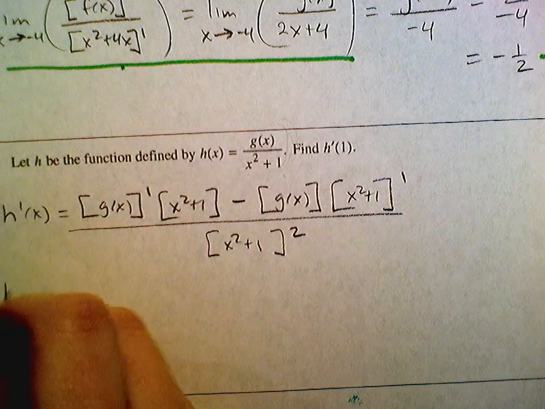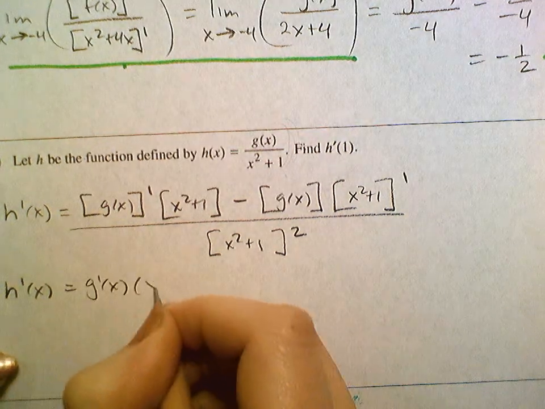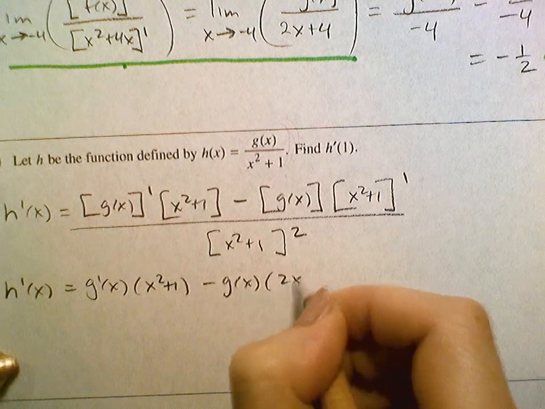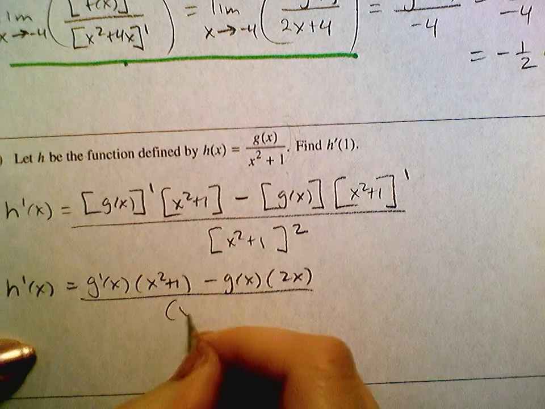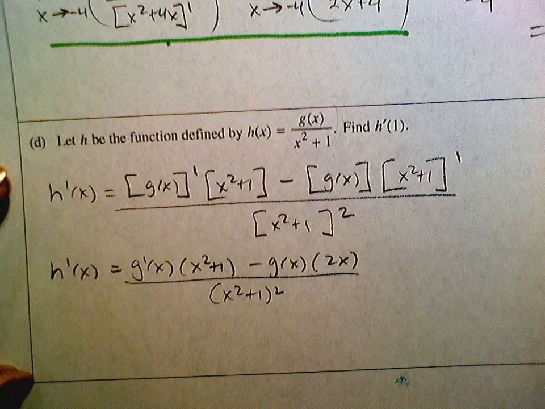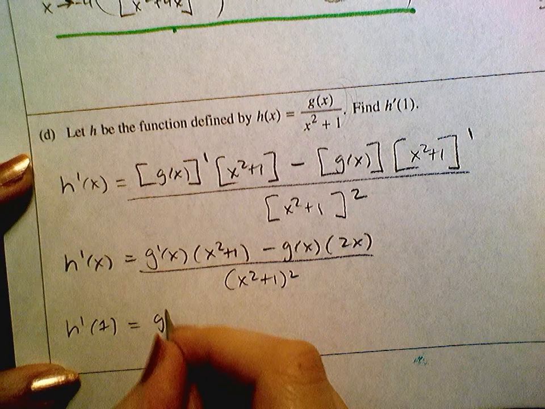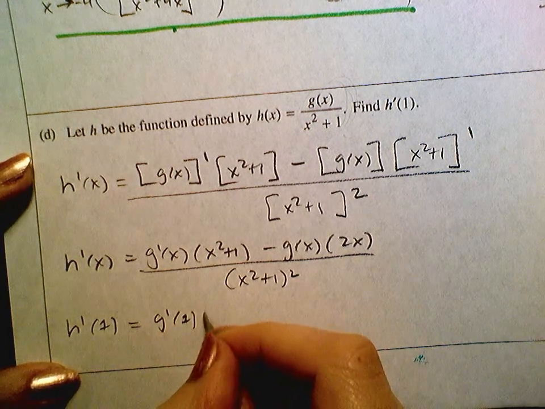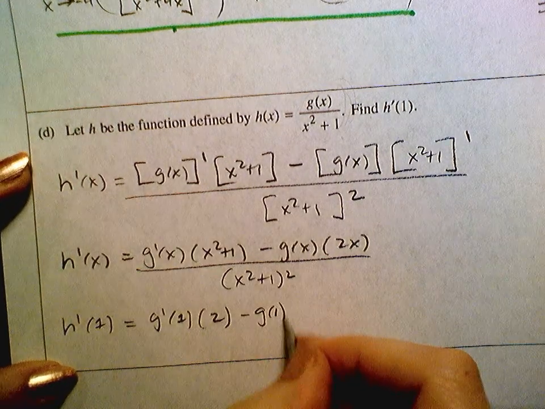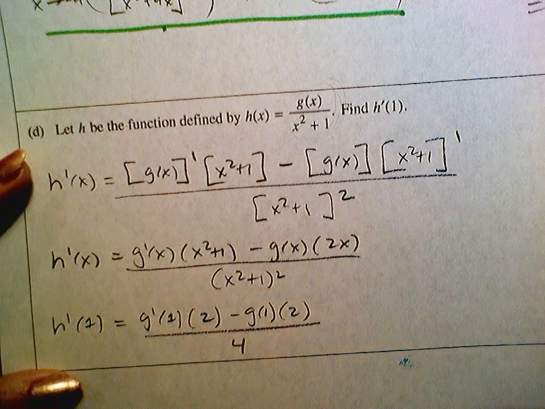Okay, so h prime of x is equal to g prime of x times x squared plus 1 minus g of x times 2x, all over that. And we need h prime of 1 equals g prime of 1 times, that ends up being 2, minus g of 1, also 2, all over 4.